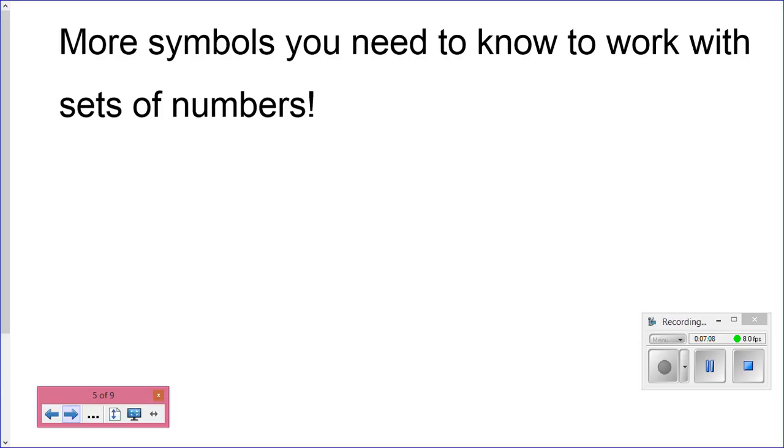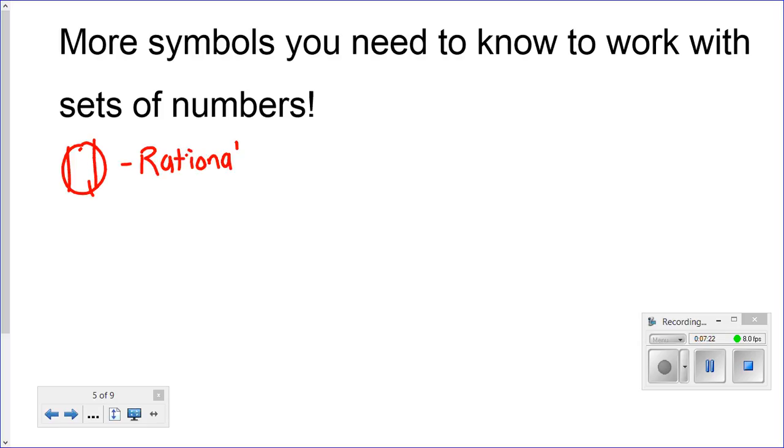All right, in our next one, we're going to talk about more symbols that you need to know to work with sets of numbers. So the first thing I'd like to talk about is your rational number set. Before, I gave you a rational number symbol that looked like this. Okay, this means rational number. So when you have this symbol in your book, this is what all of these symbols are going to mean. We also have our real numbers. Write these down because you need to understand them and you need to know what they mean.